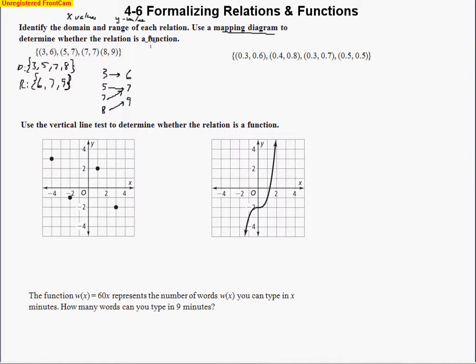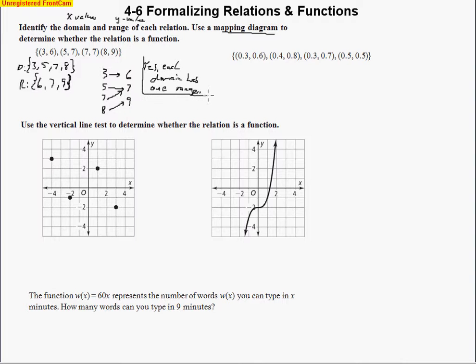Now a function. Basically a function is when each domain has one range, and that's what we see here. So I would say yes, and I would say each domain has one range value. And that's what a function is, as long as that's the case.